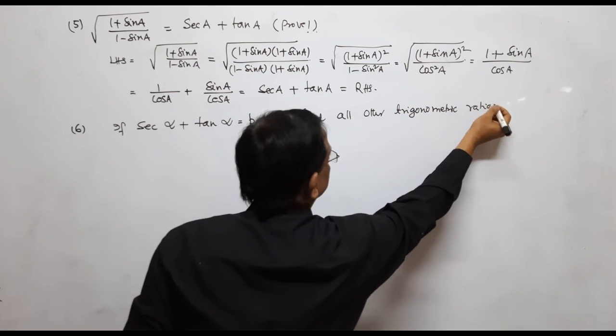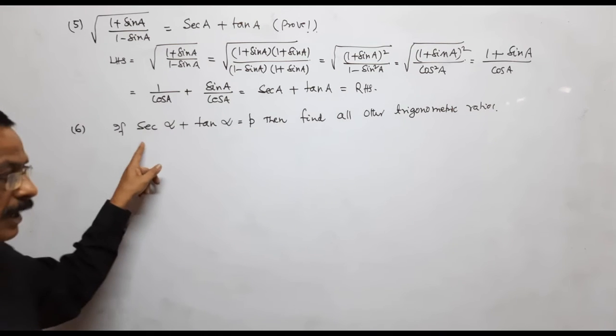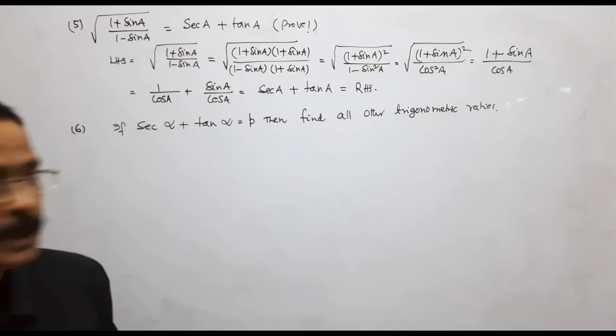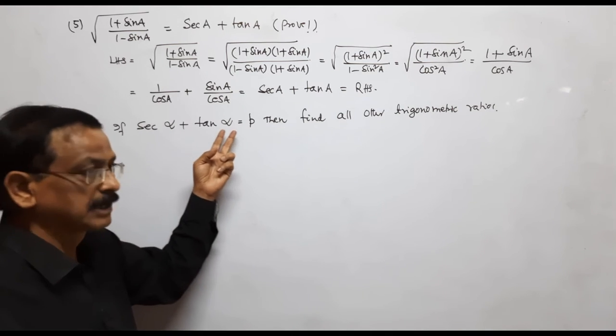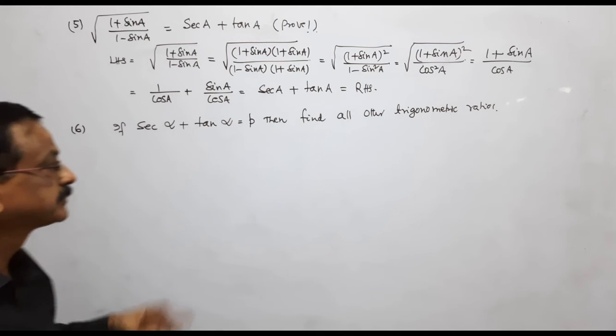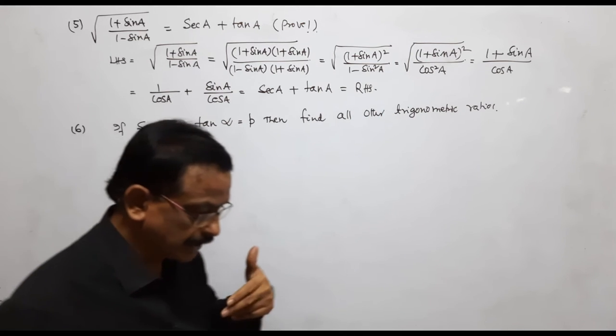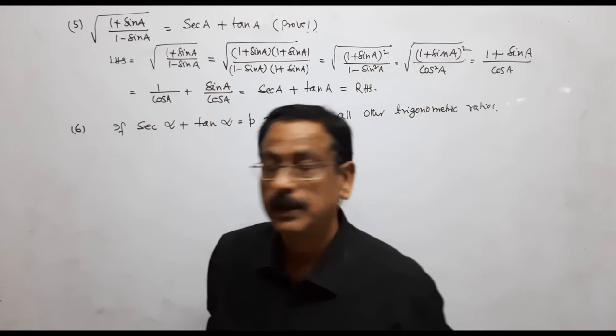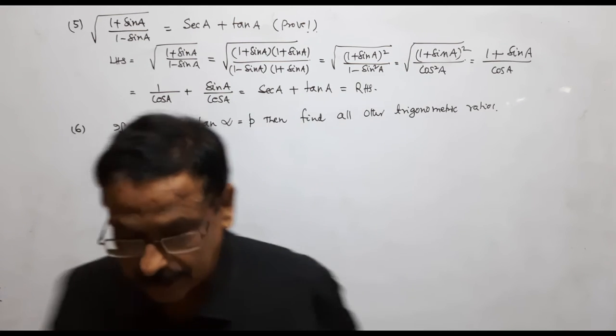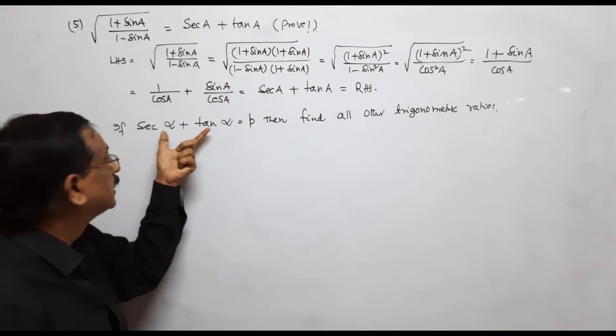A good example: given secant alpha plus tan alpha is P, you can find sine, cos, tan, secant, cosecant and cot. Let us see how you can do it.